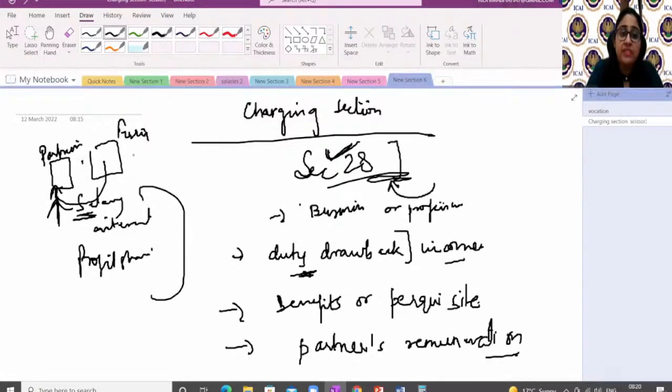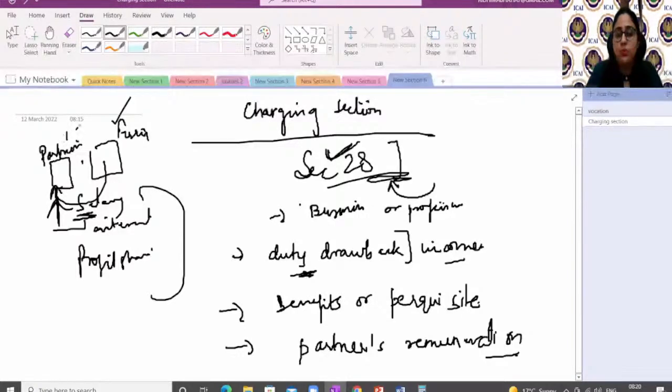This salary which he is receiving from the firm would be part of the PGBP income of the partner. Remember this, we did it in the first class of salary also, that salary received from the firm by the partner is the PGBP income of the partner. It is not the salary income of the partner, because partner and firm are not employer-employee. He is not master and he is not servant.